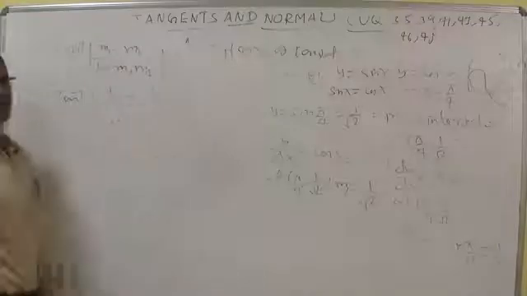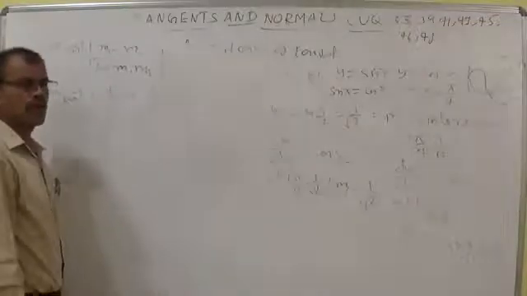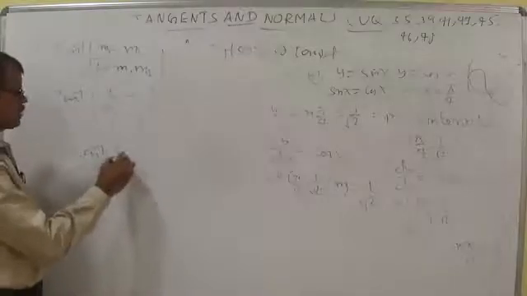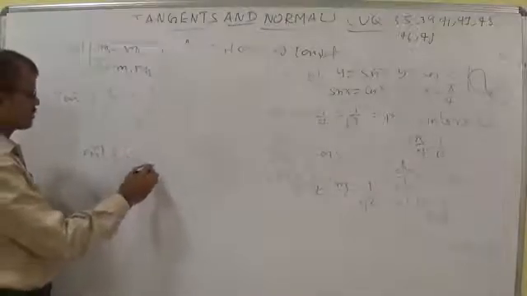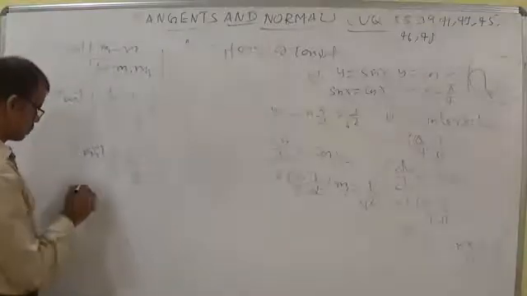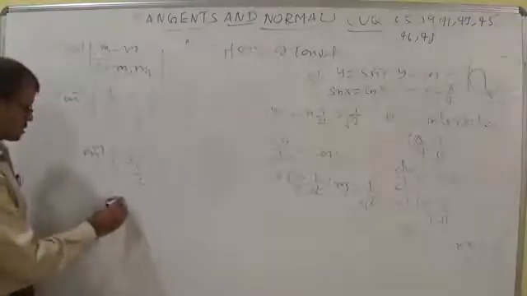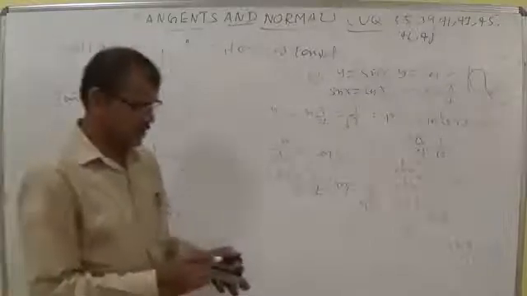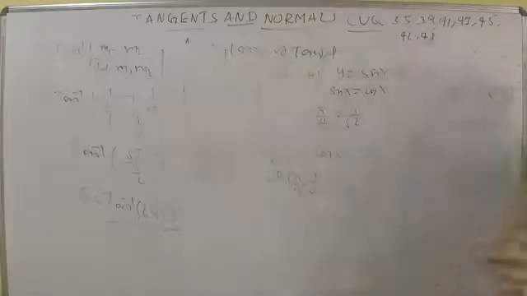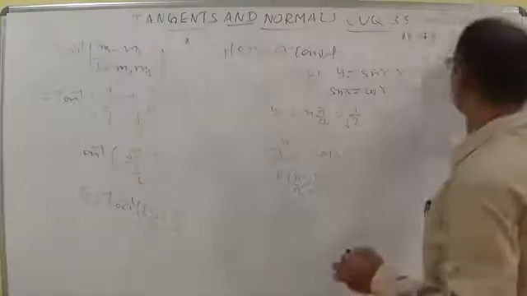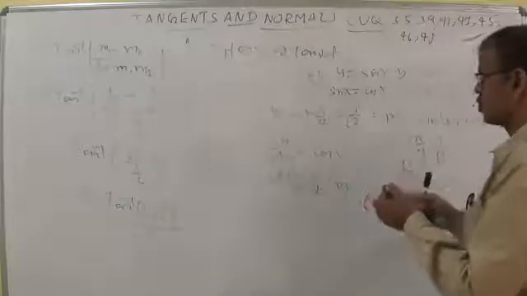And 1 by root 2 plus 1 by root 2 is 2 by root 2, which is root 2. So tan inverse of root 2 divided by 1 by 2 gives theta = tan inverse 2 root 2, the angle between the two curves at the point of intersection.